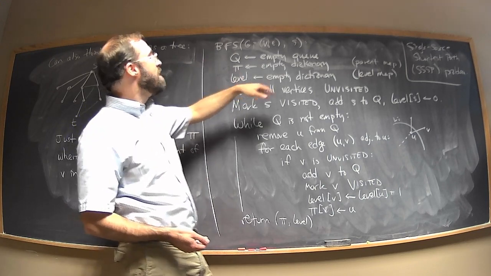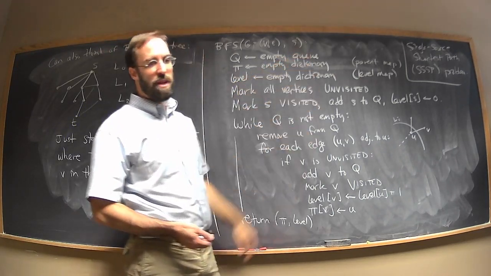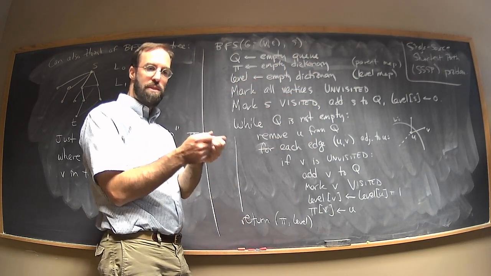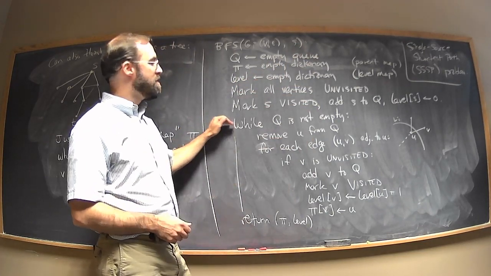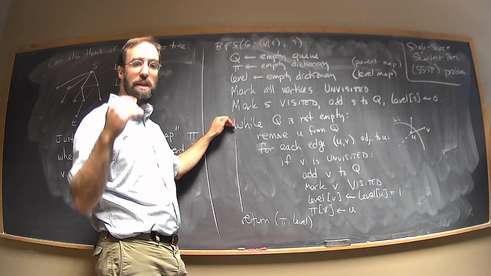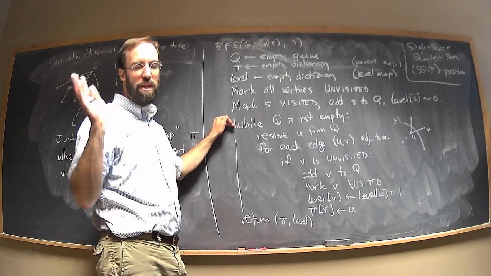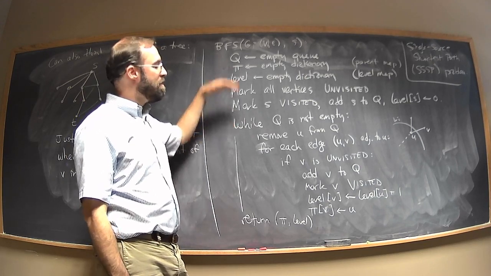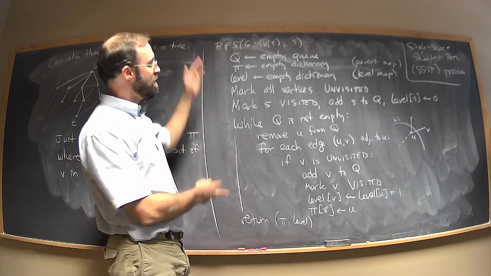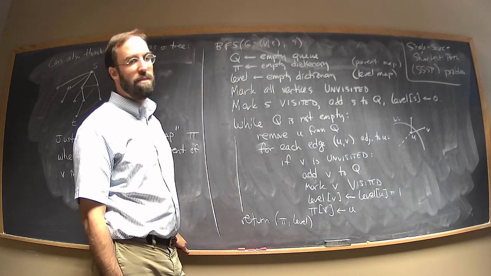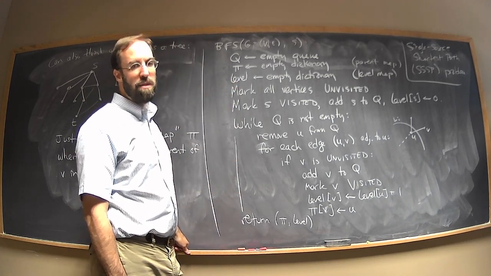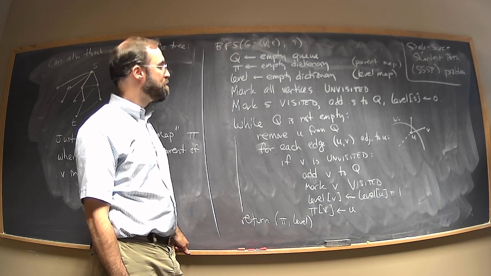And if you want, you could also pass in a target vertex t if there's something in particular you're looking for, and then you could change this loop to stop as soon as you see t. You could stop early because you don't need to keep going at that point. So there are some different variants, but this is a good generic version that you'll be able to adapt to whatever situation.